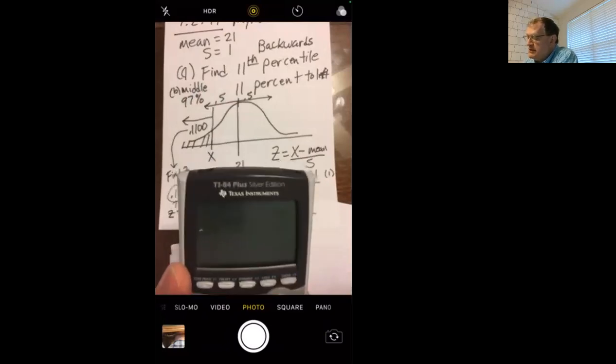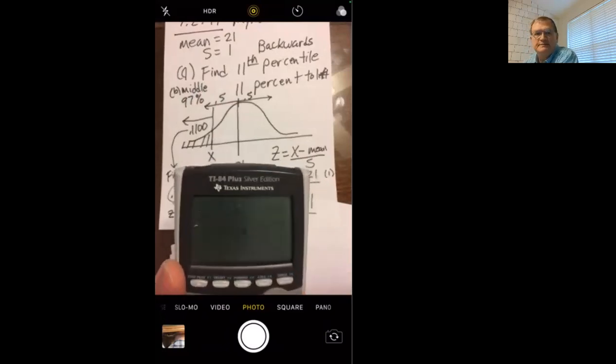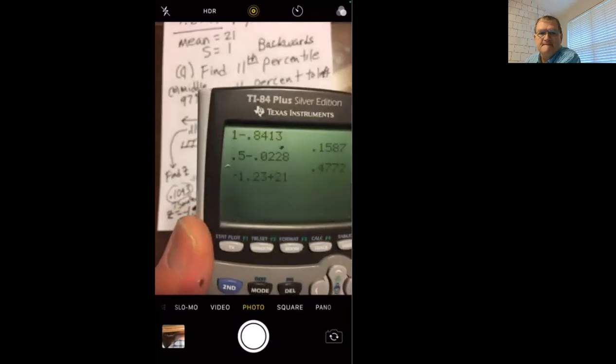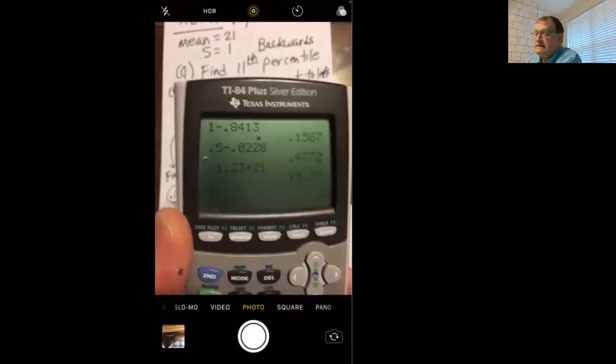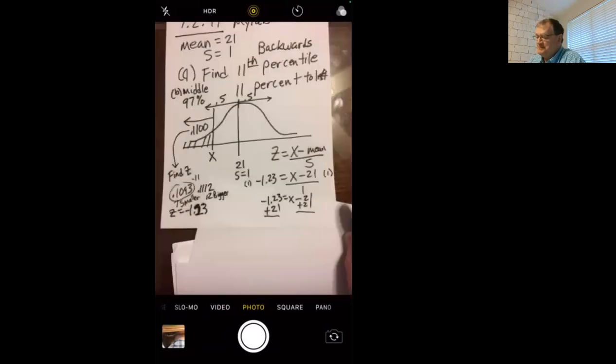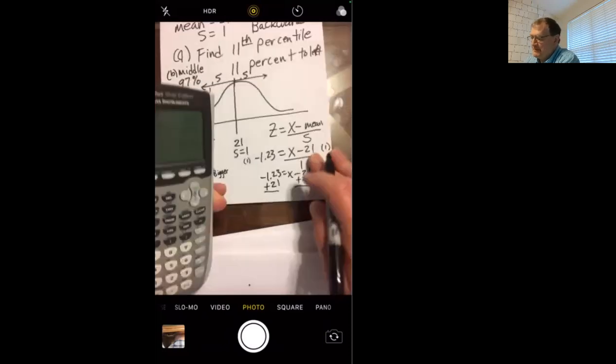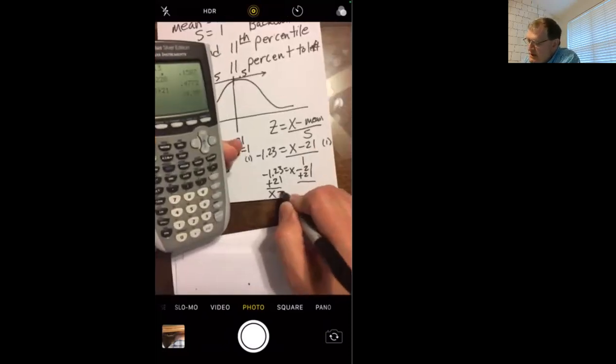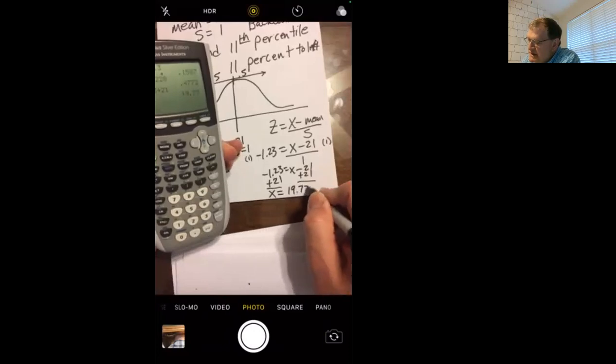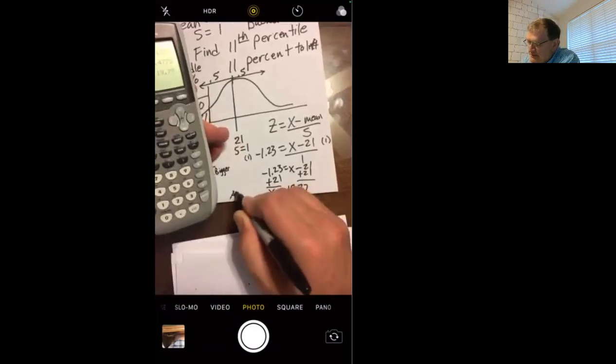Y'all see that? 19.77. You can barely squeeze it on. 19.77. Answer.